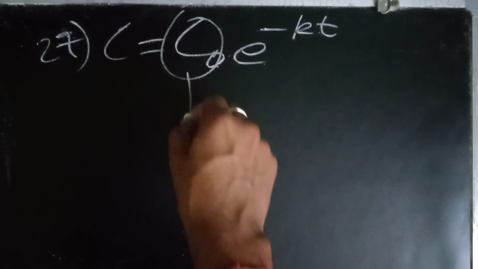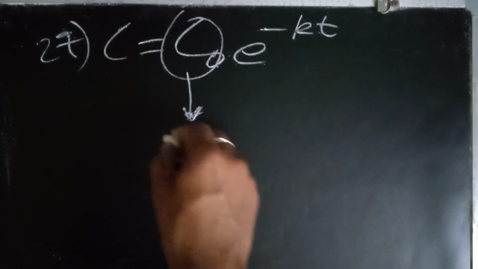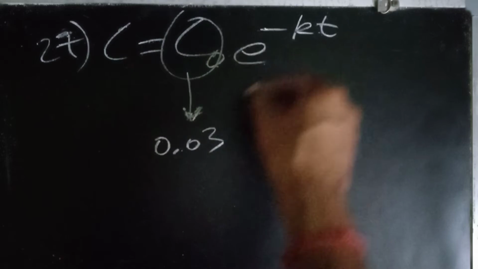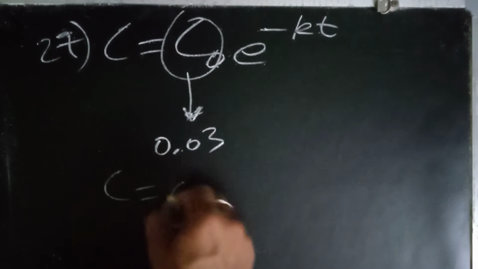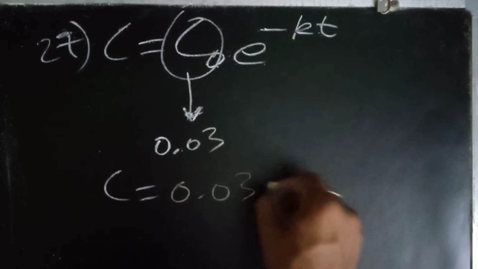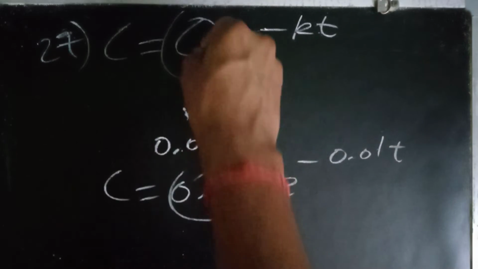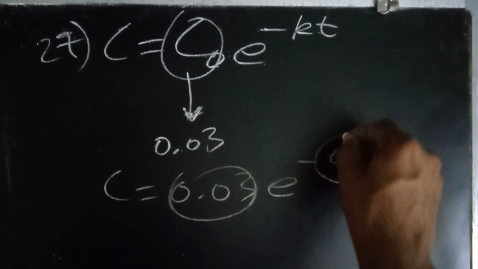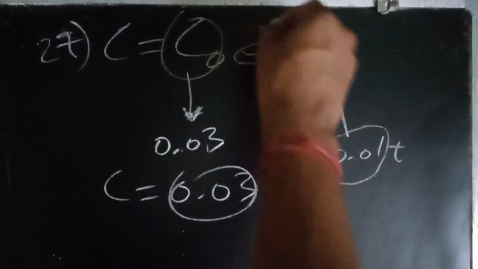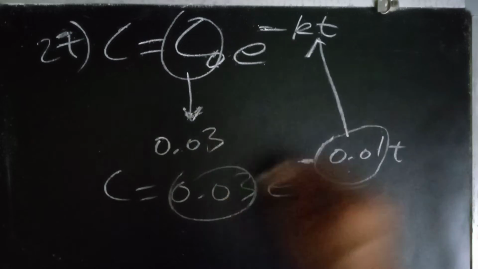It will be C naught, and this was given as 0.03. An equation was given like e to the minus 0.01 t, and we need to just compare it with C naught e to the power minus kt, so k is 0.01. So that was the question.